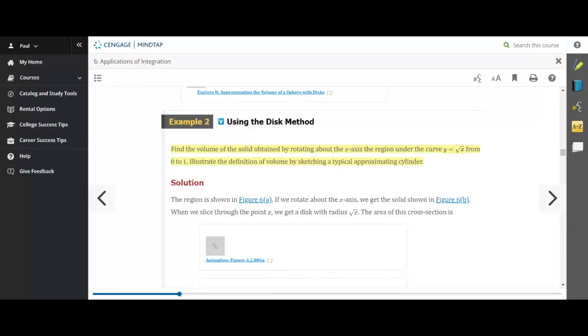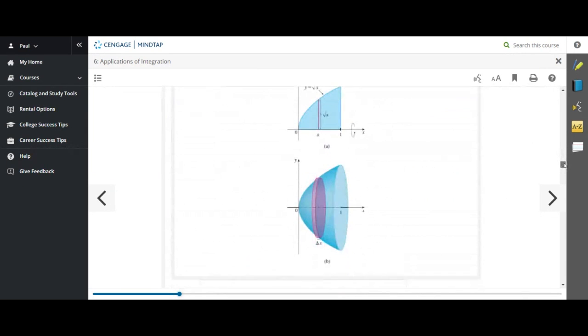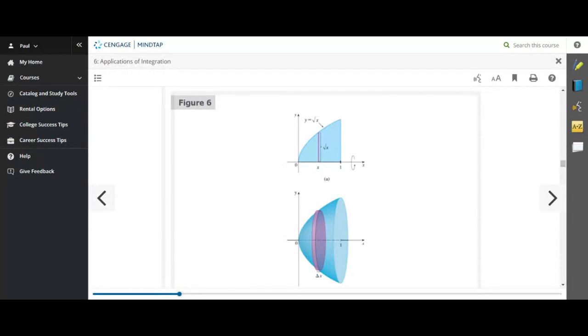Okay, so here's figure 6. There is the region bounded below by the x-axis, above by the square root of x, and the x limits are from 0 to 1.